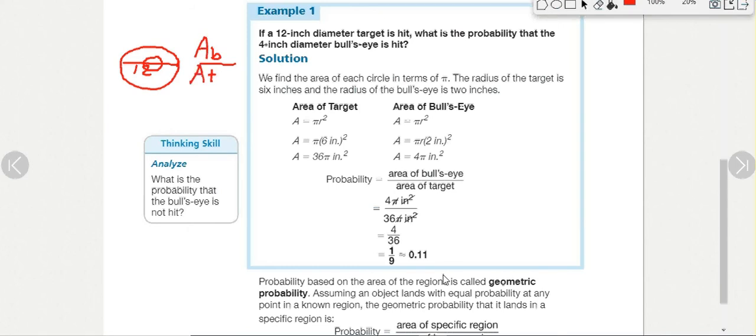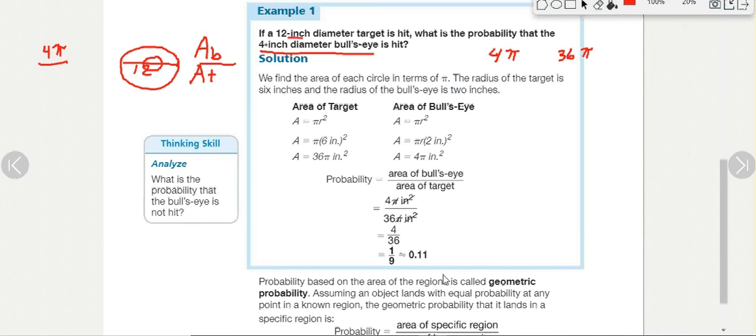We're finding areas compared. So what's the area of a bullseye with a 4-inch diameter if it's a perfect circle? 2 squared is 4 times pi. I'm going to leave it because in a ratio, a lot of times you want to leave the pi on there in case it will cancel. Area of the total, the radius is 6. 6 squared is 36 times pi.